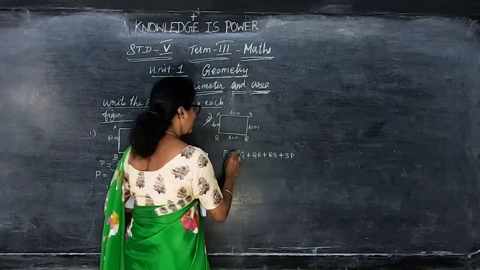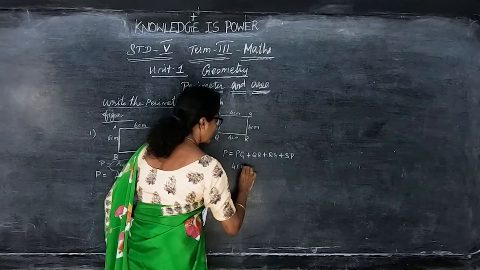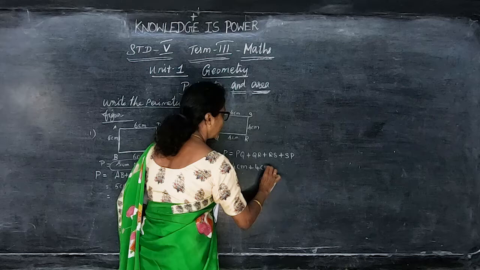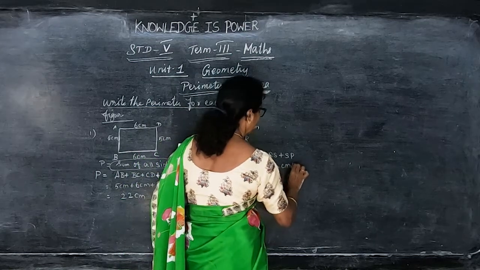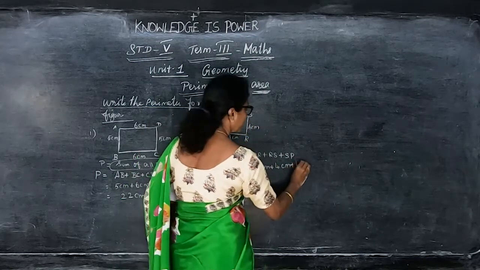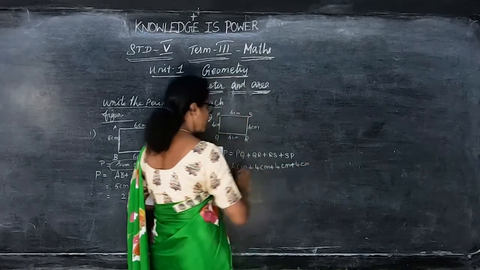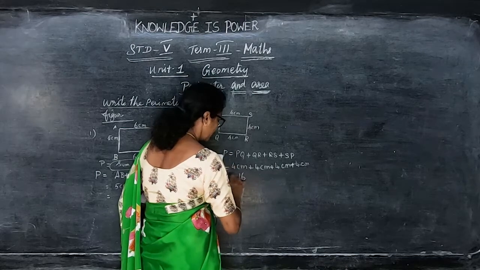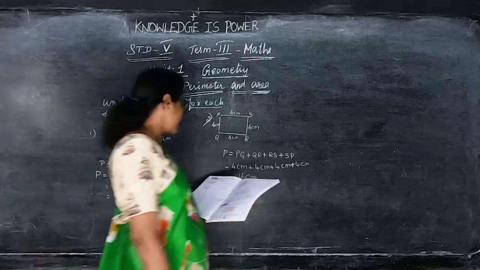PQ is 4 centimeter, plus QR is 4 centimeter, plus RS is 4 centimeter, plus SP is 4 centimeter. All the four sides, 4 into 4, is equal to 16 centimeter. So this is the sum of all the sides.